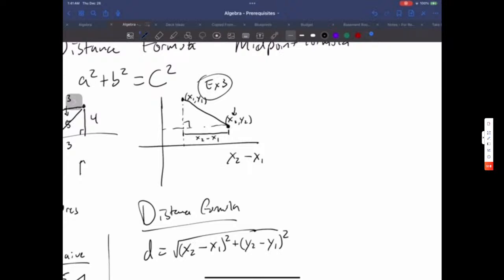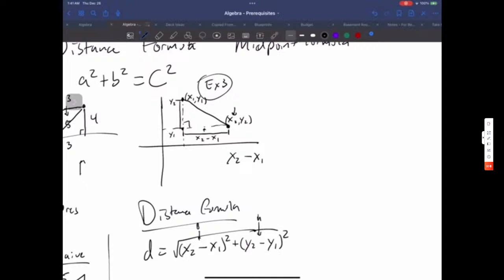Not from anywhere, that's just the line segment length. And similarly, this is y2 minus y1, that line segment. So I know that the base is this length, and the height is this length.